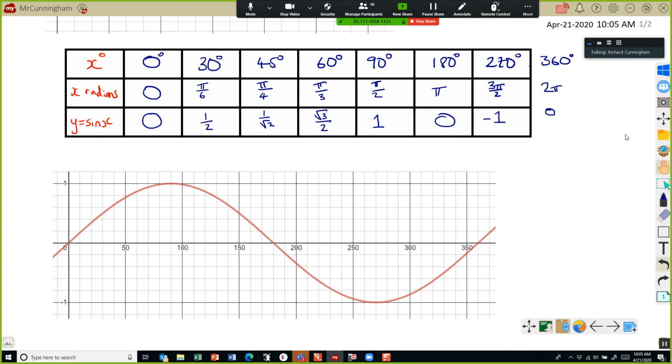Okay. Let me ask the question. What can you tell me about the value of sine 40? There's 40, and the value of sine 140. That's 180.